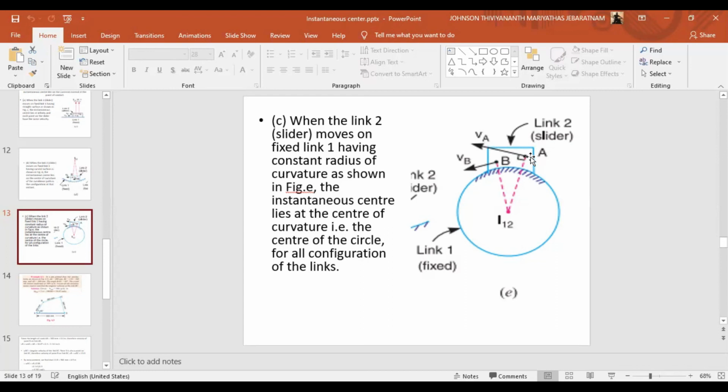Similarly for B, join it with the instantaneous center, and the velocity is perpendicular to that. So here the instantaneous center will always lie at the center of the circle. So these are the types of instantaneous centers, and where they lie based on the type of motion.